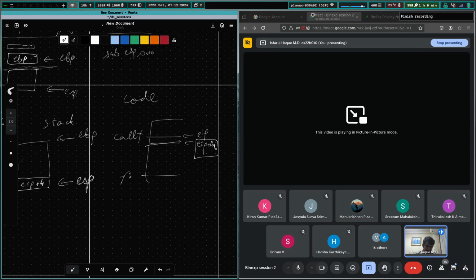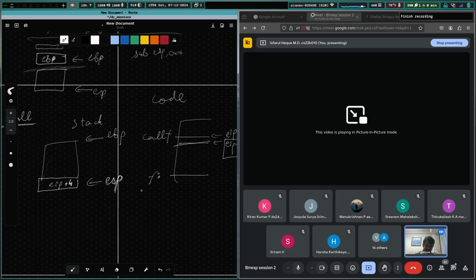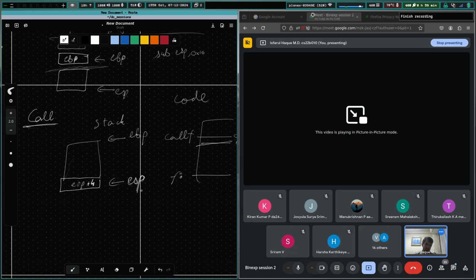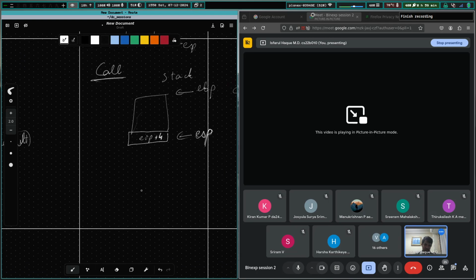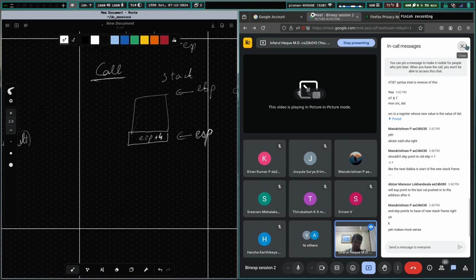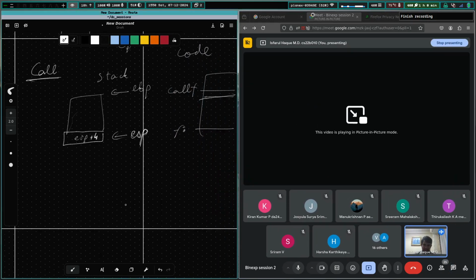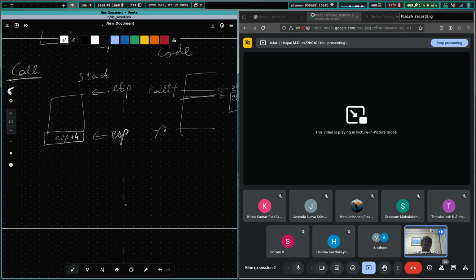So Manu, is this clear why ret just reads the value from ESP? I think this should make much more sense now. The reason ret just assumes that ESP points to the old call address plus 4 is because when call happened, that is exactly what happened. You did a push of EIP plus 4.